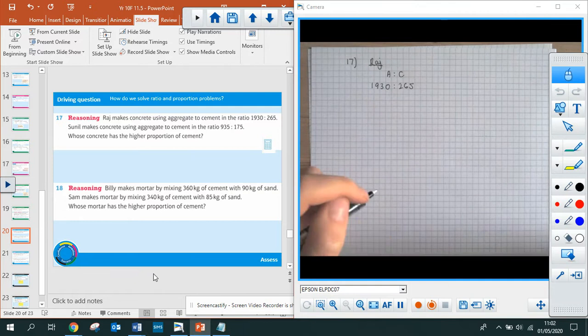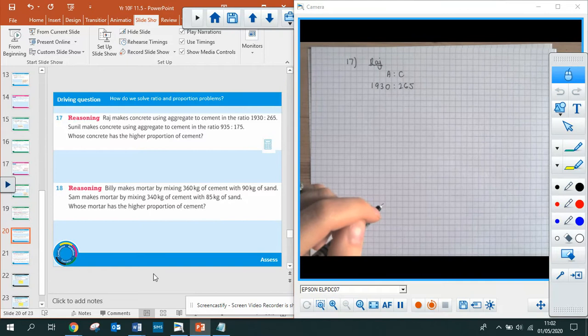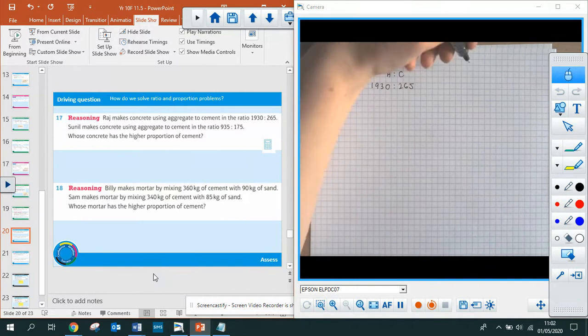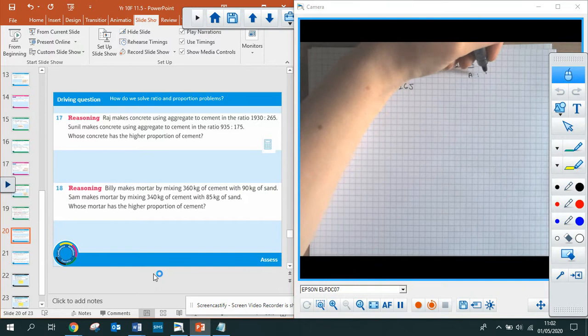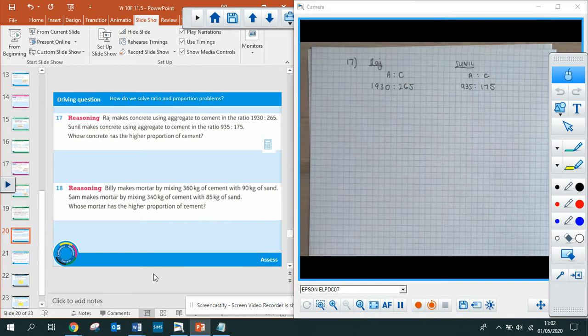Sunil makes concrete using aggregate to cement in the ratio 935 to 175. Whose concrete has the higher proportion of cement? So whose has the higher proportion of cement? So this one is going to be Sunil, and his ratio of aggregate to cement is 935 to 175.